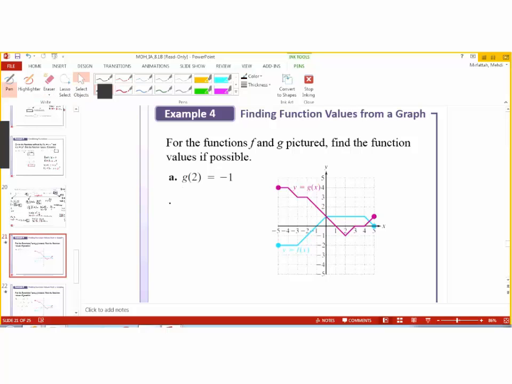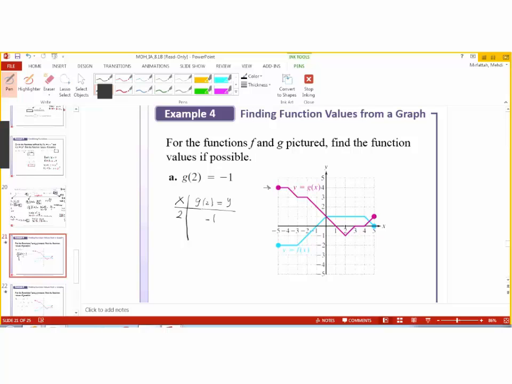To find g of 2, it means when x is equal to 2, g of 2, or y, is equal to minus 1. So if x is equal to 2, remember we have to look at the g function, which is this one.